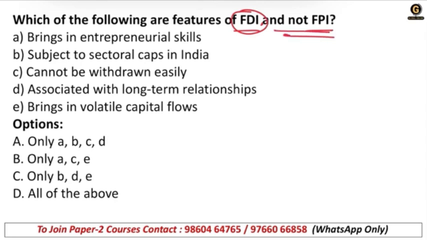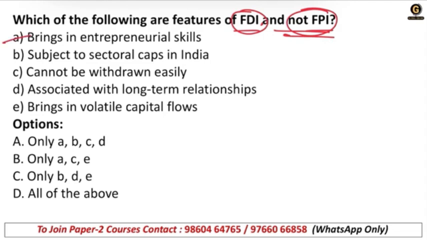But to confuse you, this kind of question can be asked, and they will give you some options related to FPI. But you need to understand the question first, right? So what we need to do in this question is find out the features of FDI only and ignore the FPI.